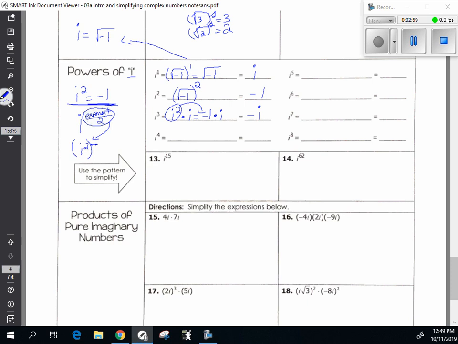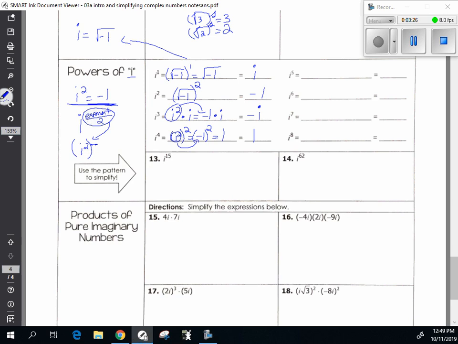Okay? If there's a remainder, then you're going to have an extra i. So i to the 4th is i squared squared. So we have 2 here and 2 here, that's a total of 4. Okay? I can replace this i squared in my parentheses with -1. -1 squared is +1. Okay, you can put that in your calculator and see -1 squared is +1.